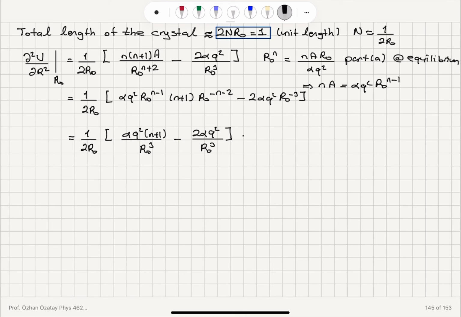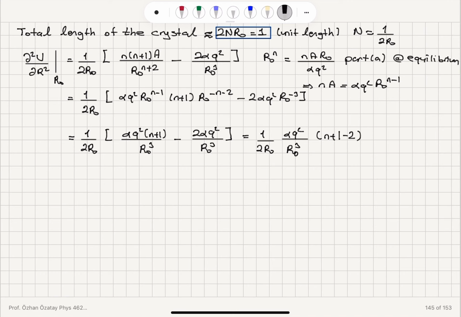And that is equal to, now I have alpha q square parenthesis here, n plus 1 minus 2. So I can write this as 1 over 2r0 in alpha q square over r0 cube parentheses n plus 1 minus 2.